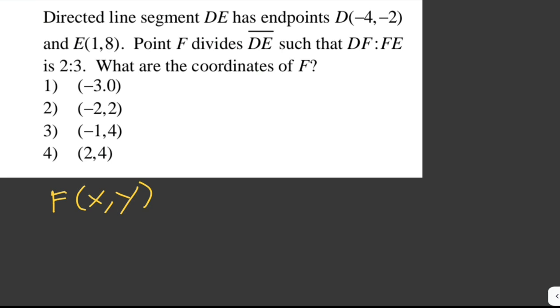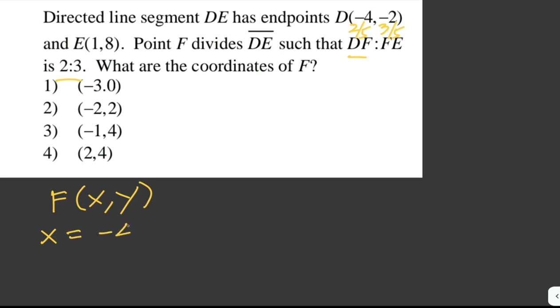So the given ratio here is 2:3, the same. So therefore, DF is 2/5 of DE, and FE is 3/5 of DE. So we can solve for the x coordinate now.